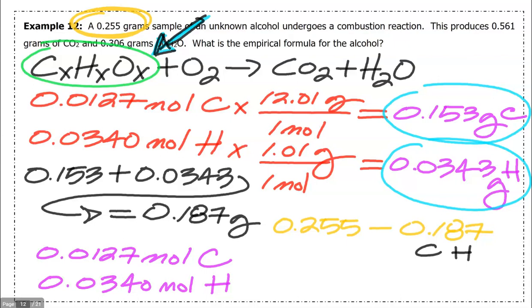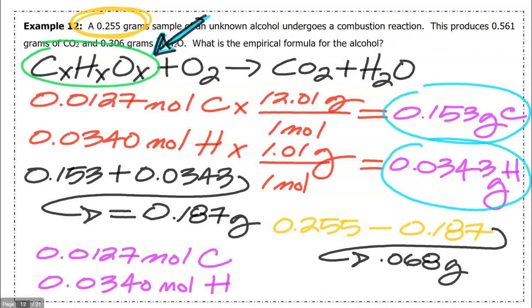Whatever is left has to be our oxygen component. So when we do that, we get 0.068 grams of oxygen. Not moles yet, grams.